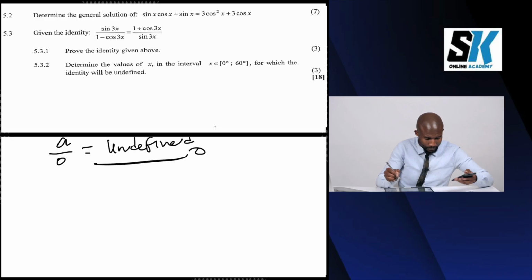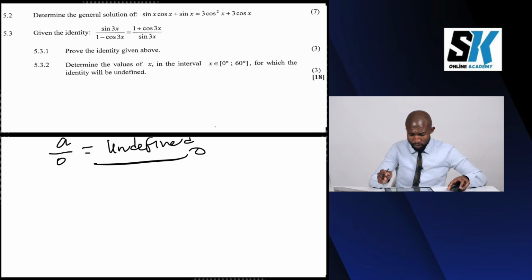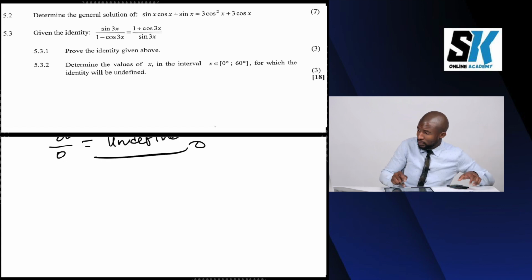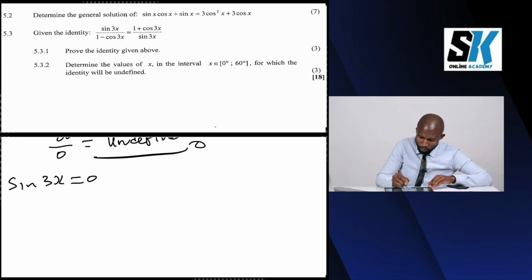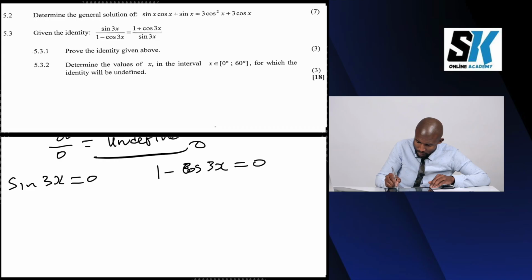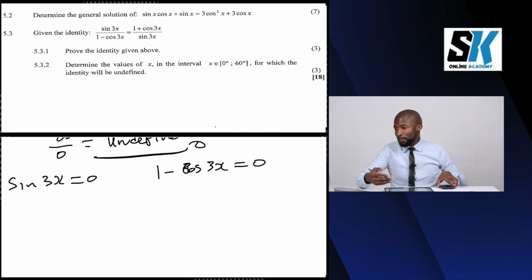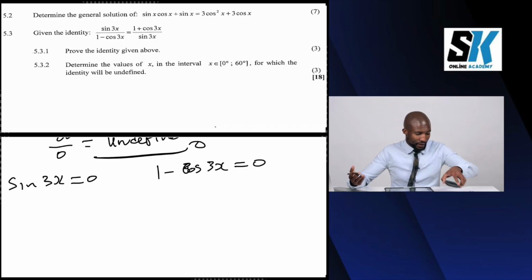So that means in both sides of our equation we have to say that sine 3x has to be equal to 0, and on the other side of the equation we have to say that 1 minus cos 3x has to be equal to 0 for the identity to be undefined.